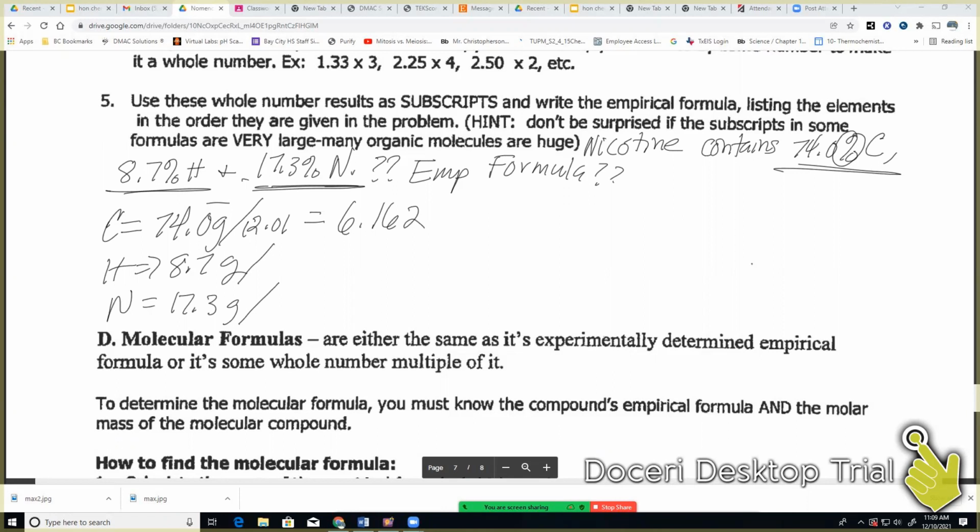Hydrogen, 8.7 divided by 1.01 is going to give me 8.614. And nitrogen, 17.3 divided by 14.01, is going to give me 1.235. So that's how many moles I have of each element. So now I need to see their ratio or how they're related to each other. So I'm going to take my smallest number of those 3 and I'm going to divide everything by it.